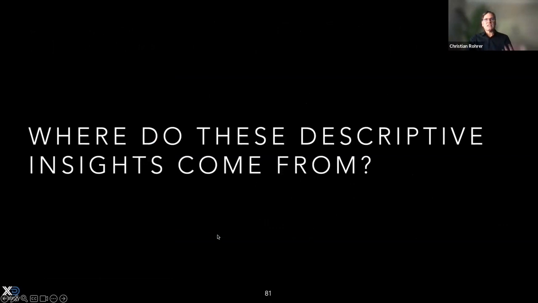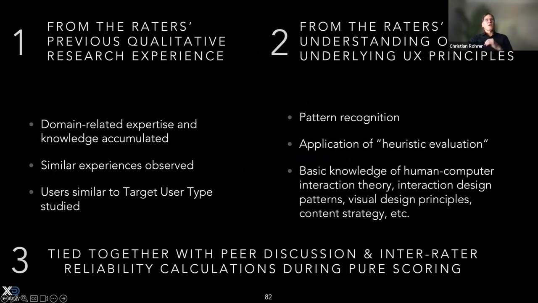So where do these kinds of insights come from? Well, they come from the researcher's previous experience doing qualitative research. If you've done qualitative research with a particular user type, you're going to have a lot of really informed ideas around the kinds of problems and the nature of the issues that people run into. And so it's going to make you more accurate in making these judgments: your pattern recognition and your ability to apply heuristics.